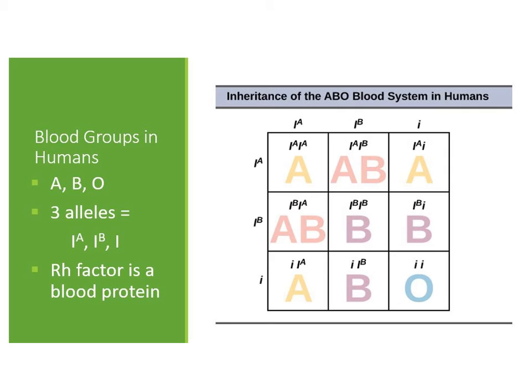All right, so then let's write just a few more things down on this slide. So type A and B are going to be codominant. So if you get A and B from your biological mom and dad, you're going to show them both and be type AB.